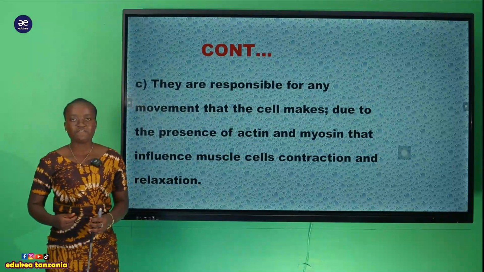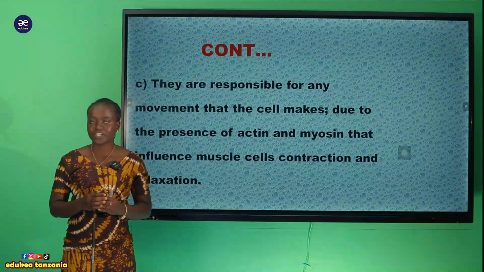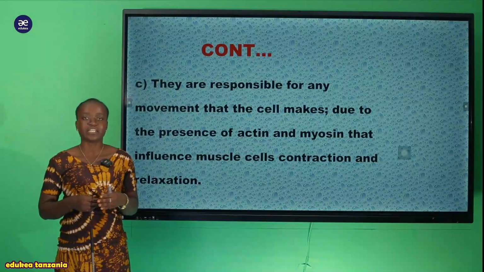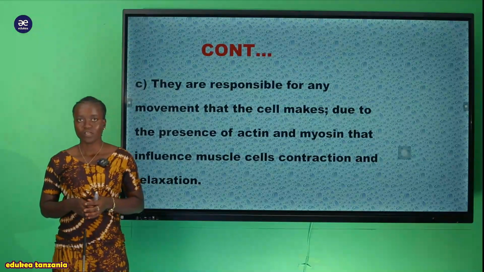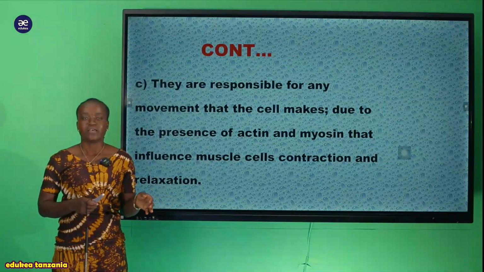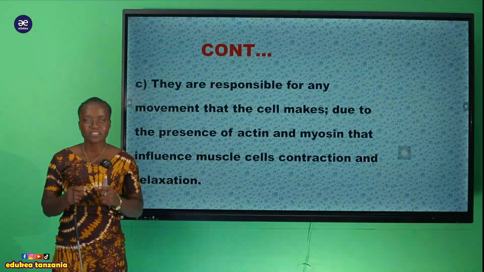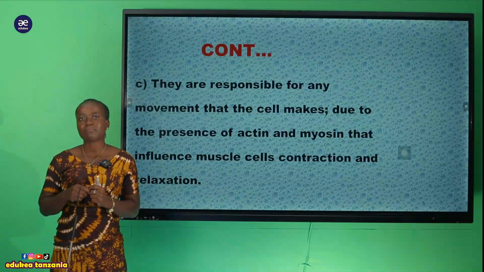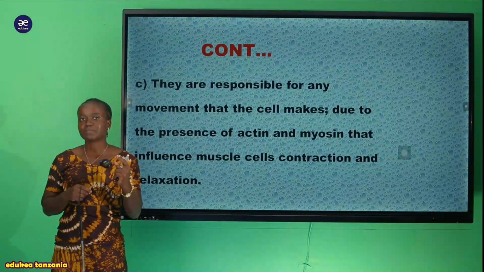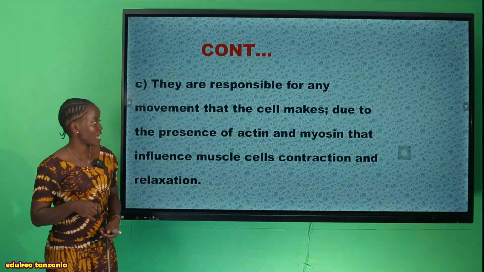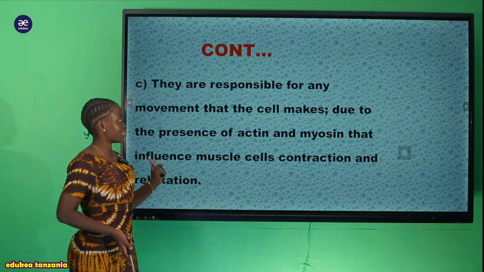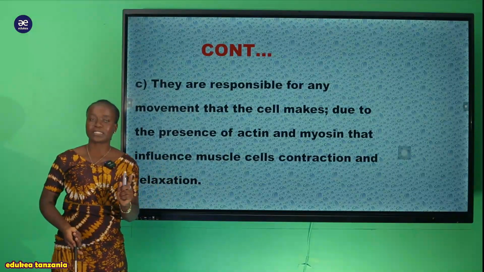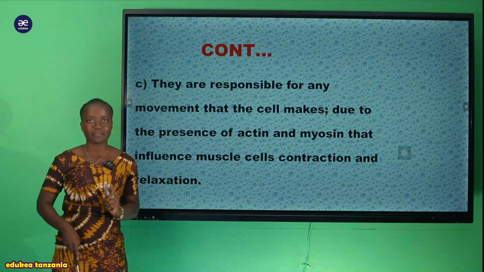So in order for the movement of a cell, for instance, we have maybe a white blood cell, it needs to move from one place to another. So that movement of a cell from one place to another, we say that it is enhanced due to the presence of this structure which we call microfilament, or we can call it actin filament.